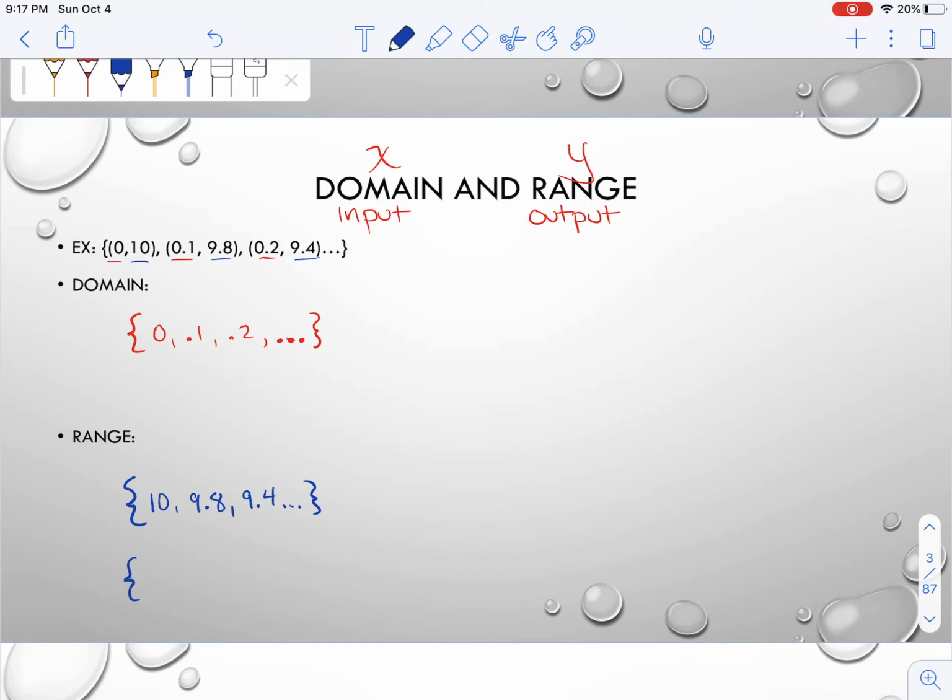So technically, I should probably rewrite this as 9.4, 9.8, and 10. And again, the three dots to signify that this continues on. It's not necessarily a complete list. These are one and the same. It's just the second here is written in the proper order, whereas the first wasn't in what's technically the correct or proper order. Okay?